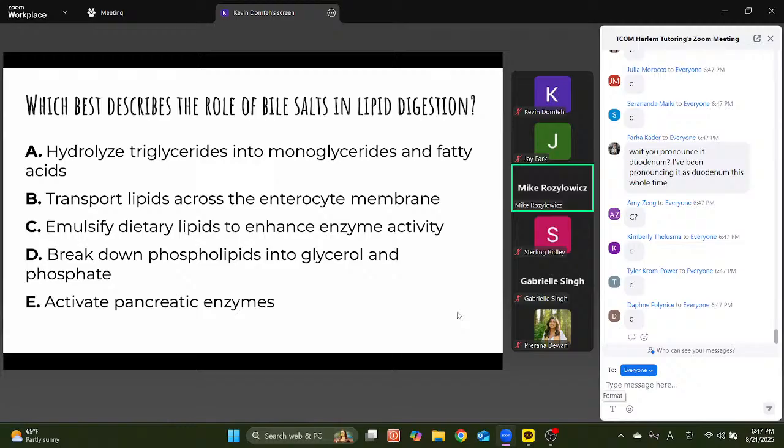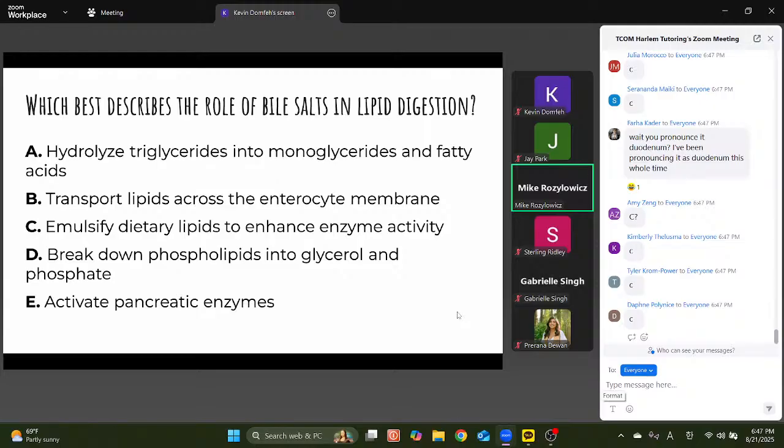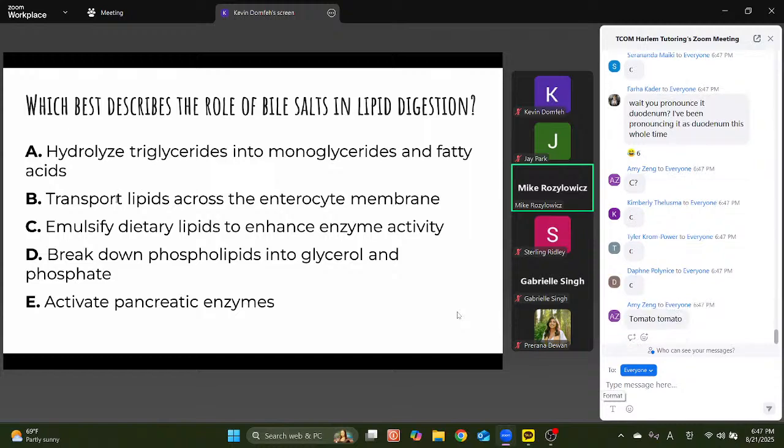I've heard duodenum, duodenum. It's all there. Yeah, you guys are right. Bile salts play a role in emulsifying dietary lipids. They're really important in making sure that we're actively digesting lipids from our diet.